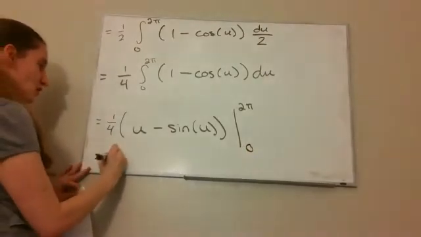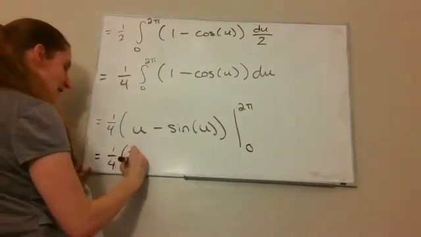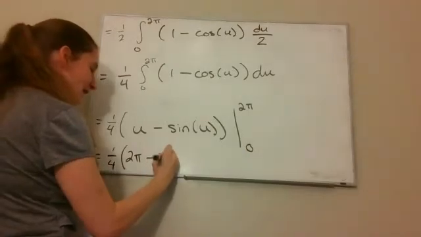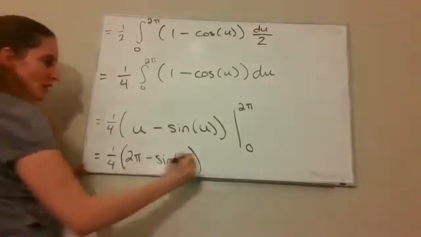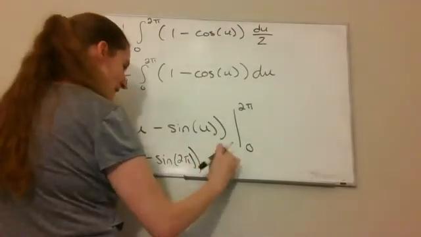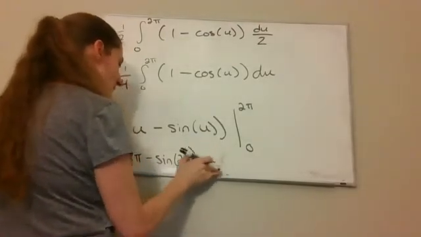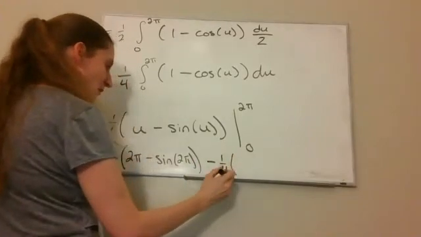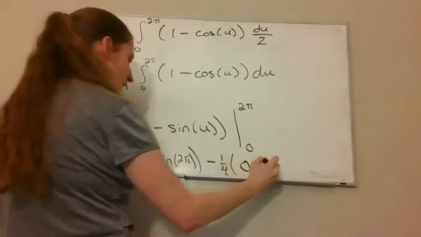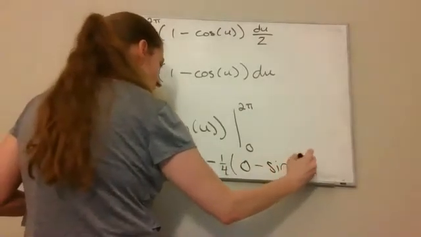When I plug in 2 pi, I get 2 pi minus sine of 2 pi, multiplied by that 1/4. And then I have to subtract what I get when I plug in the 0. So I get a minus 1/4, 0 minus sine of 0.